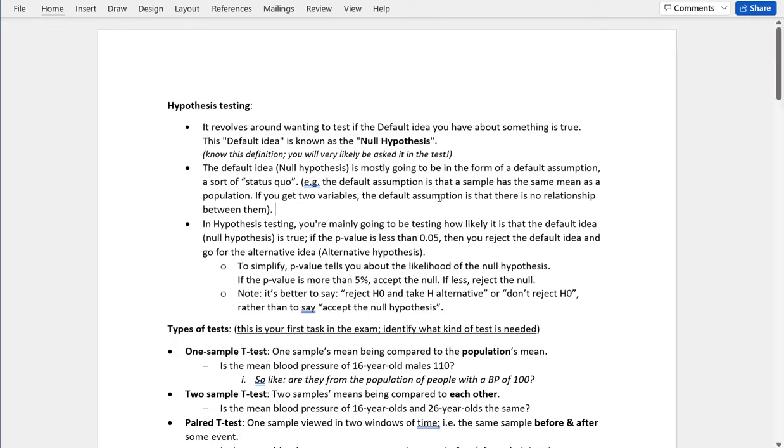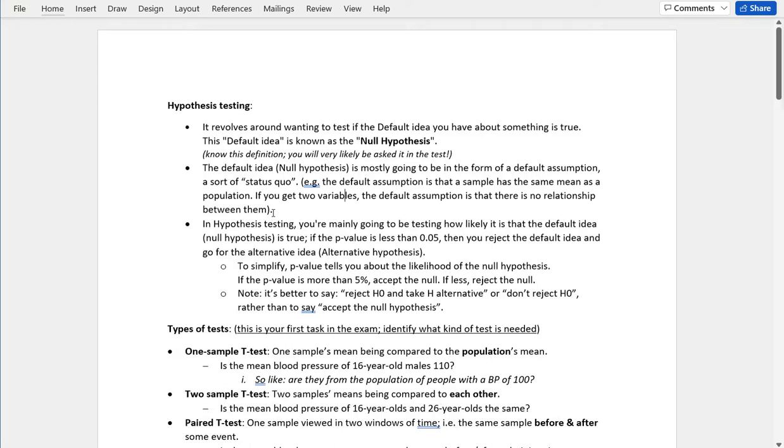This is one. Another example of null hypothesis is if you have two random variables, like how many hours a person sleeps a day, and their blood pressure, okay? And you want to see whether there's a relationship between these two things.